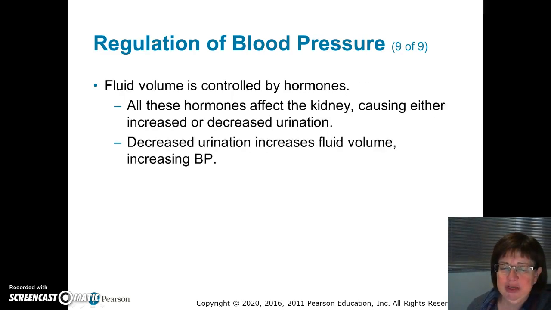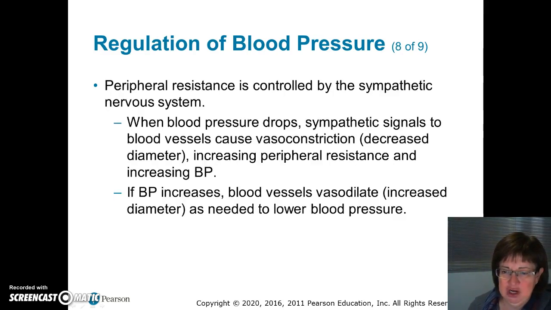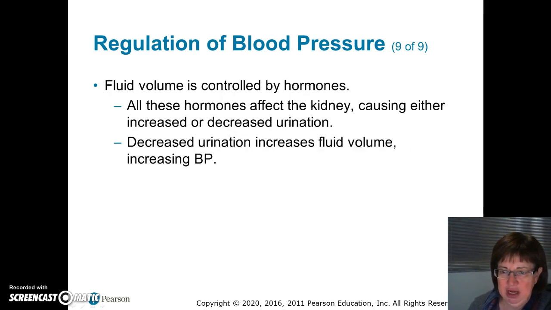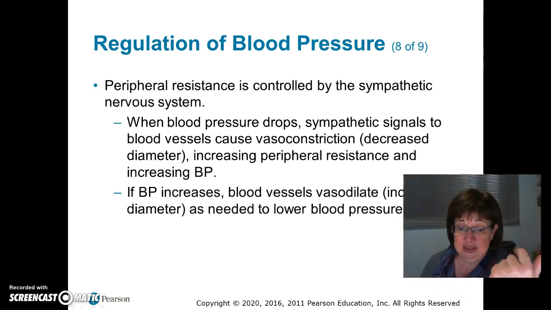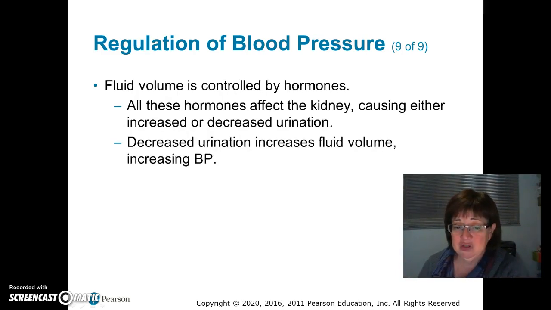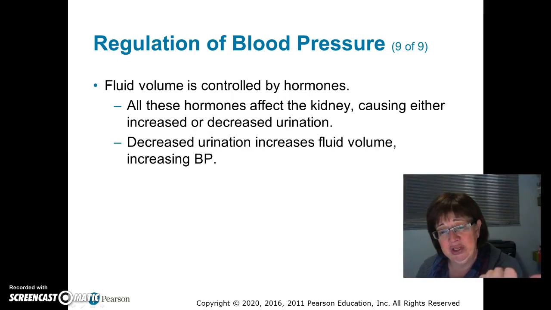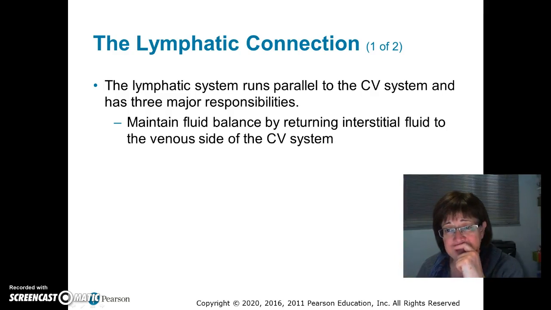Now, controlling blood pressure: blood pressure is controlled by the sympathetic nervous system. The sympathetic nervous system will cause the blood pressure to speed up, usually by vasoconstriction, and vasoconstriction makes the hoses smaller. You also have hormonal control, and we'll talk more about the hormonal control when we talk about volume and urination.